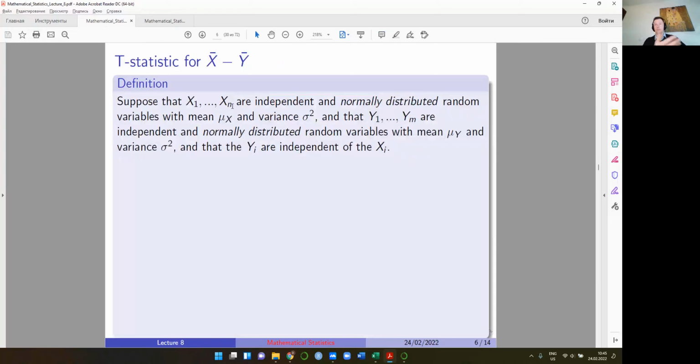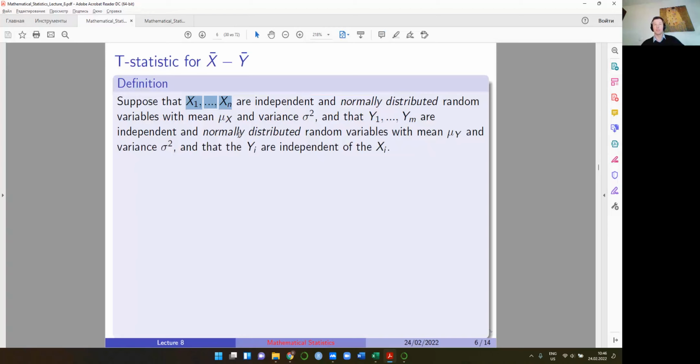So here is the definition. As we have discussed before, we have one sample of variables x of size n, which is normally distributed with mean mu x and variance sigma squared. We have another sample, y1 to ym, of independent and normally distributed random variables with mean mu y and variance sigma squared.